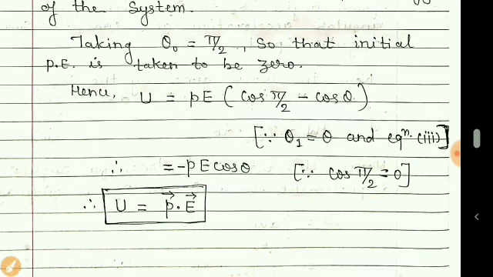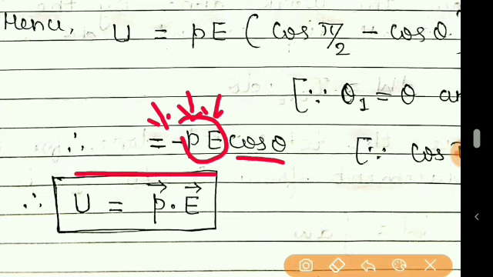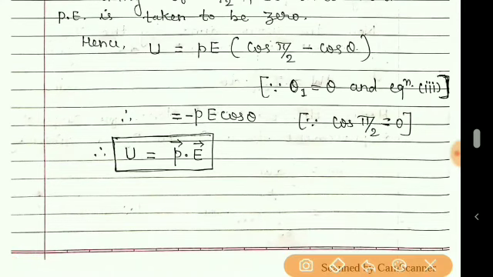Whenever there is a negative sign and a cos theta, and the product is of two vector quantities, then definitely it is a dot product of two vectors. Hence finally we can write in terms of the dot product of two vectors as U is equal to vector P dot vector E. So this is nothing but the potential energy of an electric dipole kept in a uniform electric field.